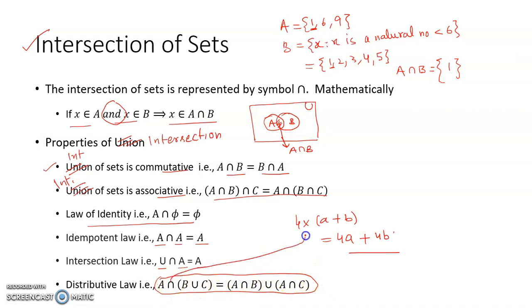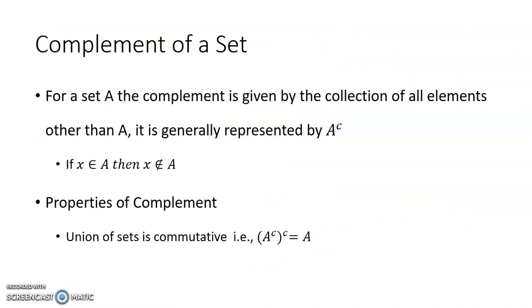You can think of intersection as multiplication and union as addition, so it's no different at all. If I'm more elaborate, I write it and it becomes something like this. That's how the distributive law simply works. And you can check the proof by taking 3 sets, calculating the left hand side and right hand side.